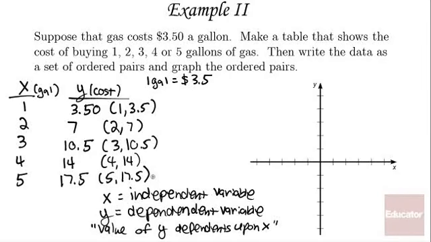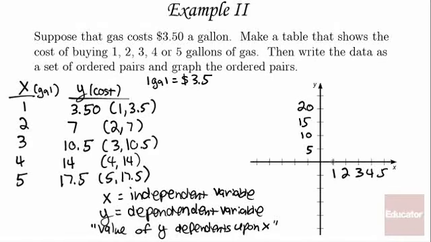Okay, and now I need to graph the ordered pairs. For X, I'm going to say 1, 2, 3, 4, 5. And for Y, I'm going to go by 5 so we can fit this all on: $5, $10, $15, $20. So X is gallons, Y is the cost.